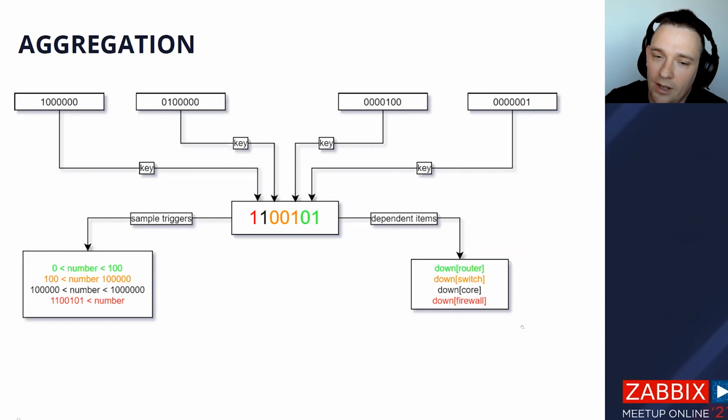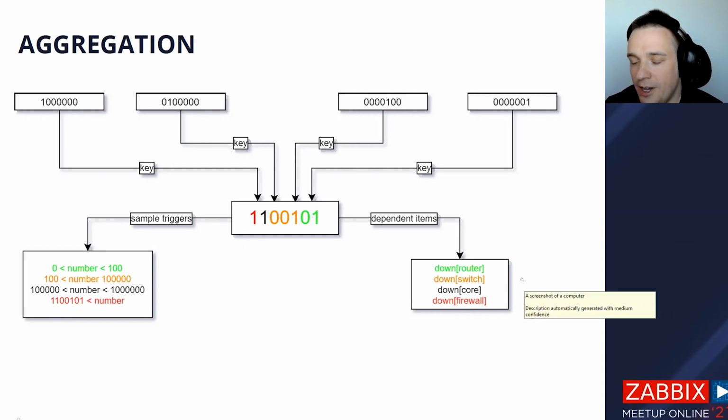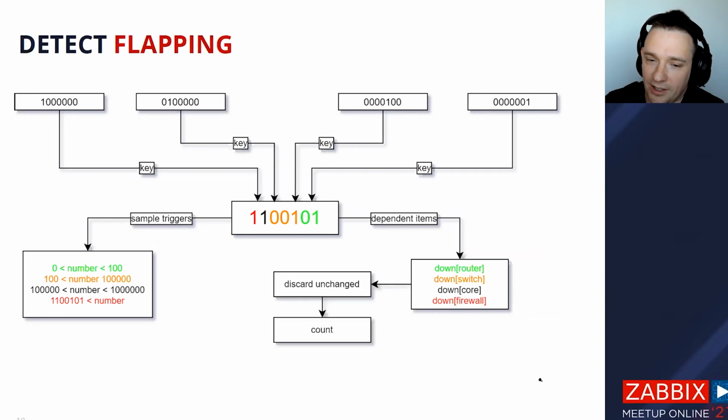So we will have one calculated item and 4 additional items which we can use inside the trigger logic, and we can start to create additional things to cover the use case we really want to cover.